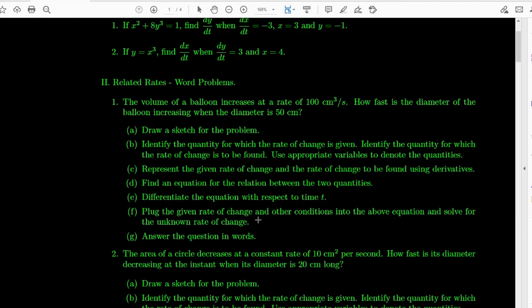And then in step C, we're going to represent the given rate of change and the rate of change to be found using derivatives. Remember, if a quantity is a function of t, then the derivative of the function means the rate of change.